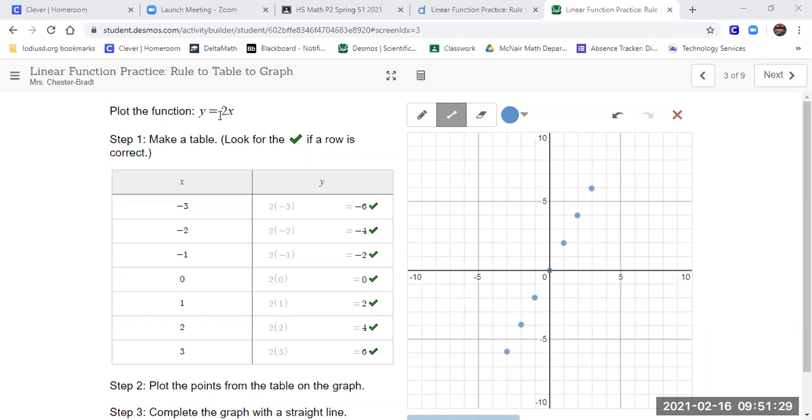Remember, our equation says 2 times x. Two times what makes -10 is what I'm asking.